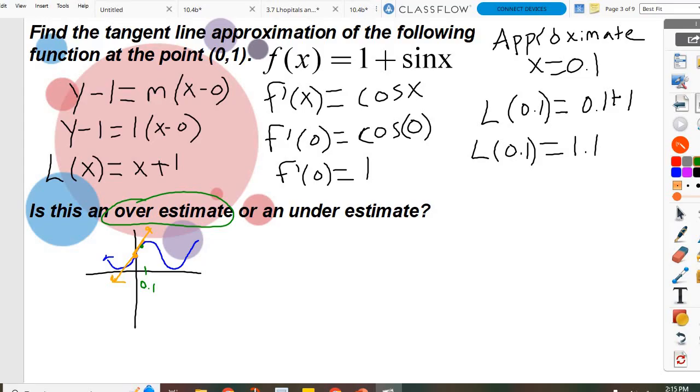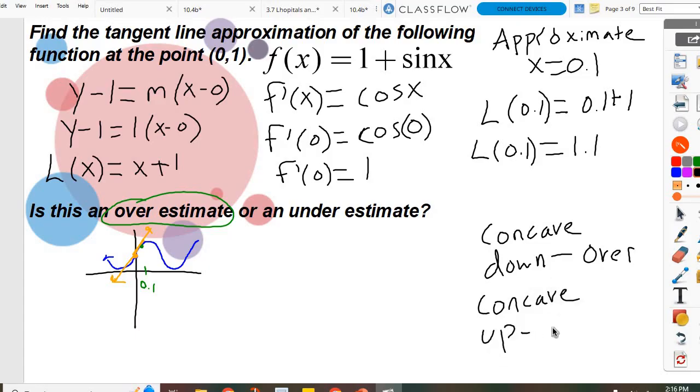So your concavity is what's going to determine if it's an over or an under estimate. If our graph is concave down, like this one, it's going to be an over estimate. And if it is concave up, it's going to be an under estimate.